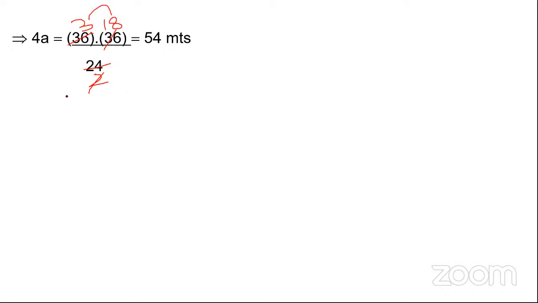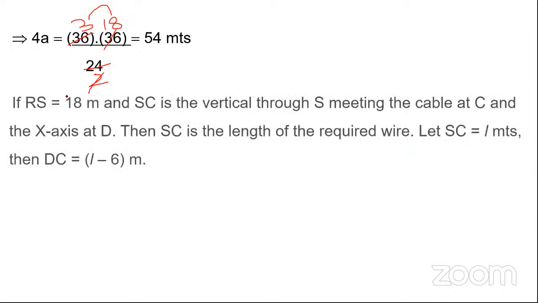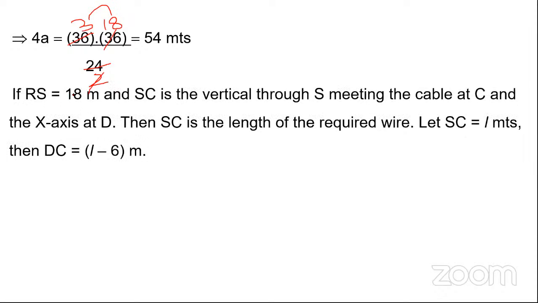Then 4a equal to 54 meters, so a equals 54 by 4, which is 27 by 2.